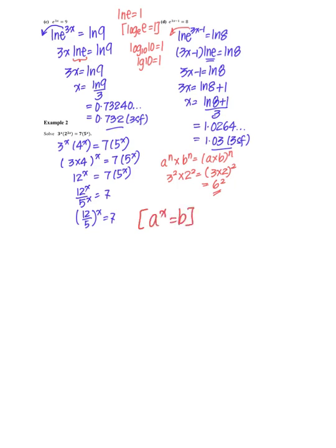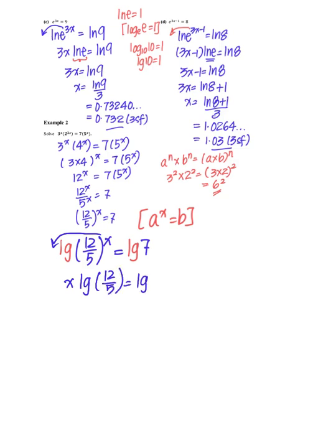So you can actually take lg on both sides. Take lg on both sides, lg 7, and then you bring the power to the front. So you have x lg (12 over 5) equals lg 7. So x is lg 7 over lg (12 over 5).